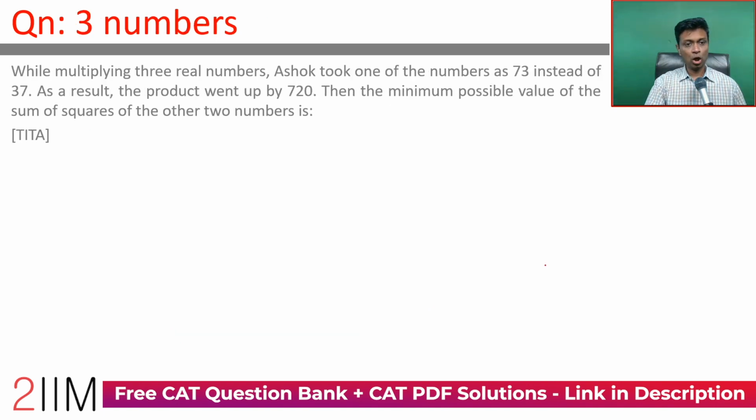Done. While multiplying three real numbers, let's say a, b, c, Ashok took one of the three numbers as 73 instead of 37. Say c, he takes as 73, he should have taken it as only 37. The product went up by 720. So AB into 37 is what he should have done.